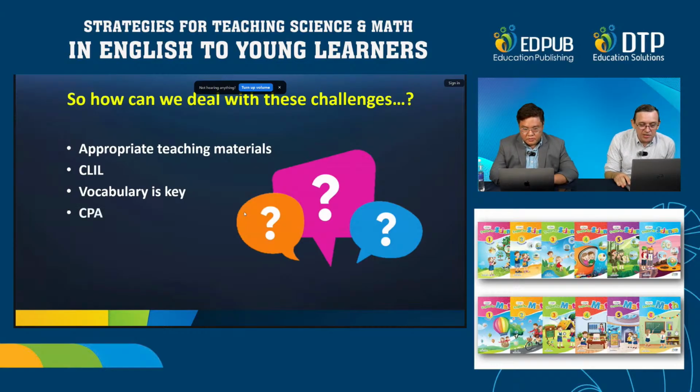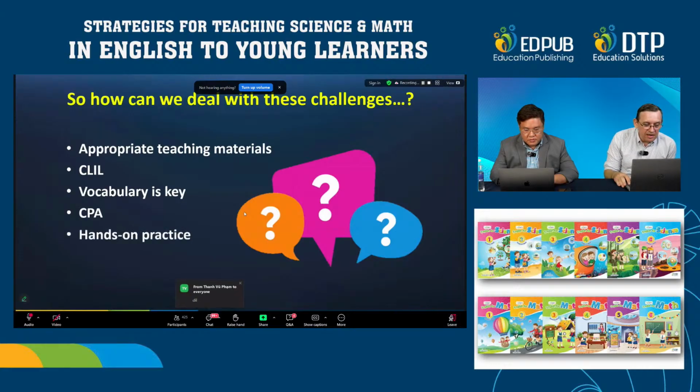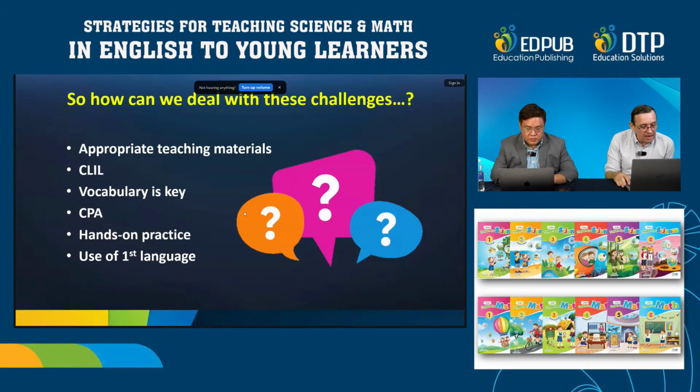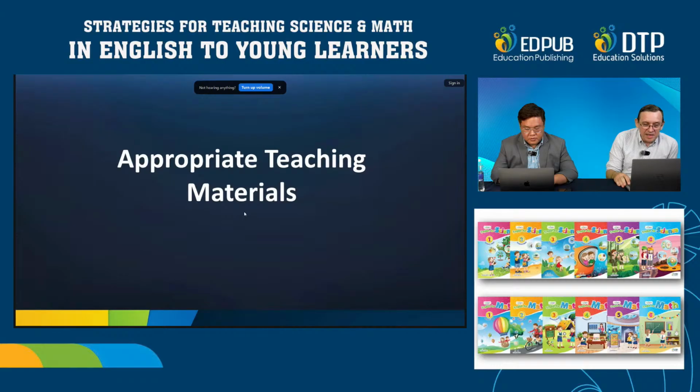We're going to discuss CPA as well, hands-on practice, and also talk about use of first language, whether that's Vietnamese, Khmer, or whatever. Also, we're going to talk about the use of technology.